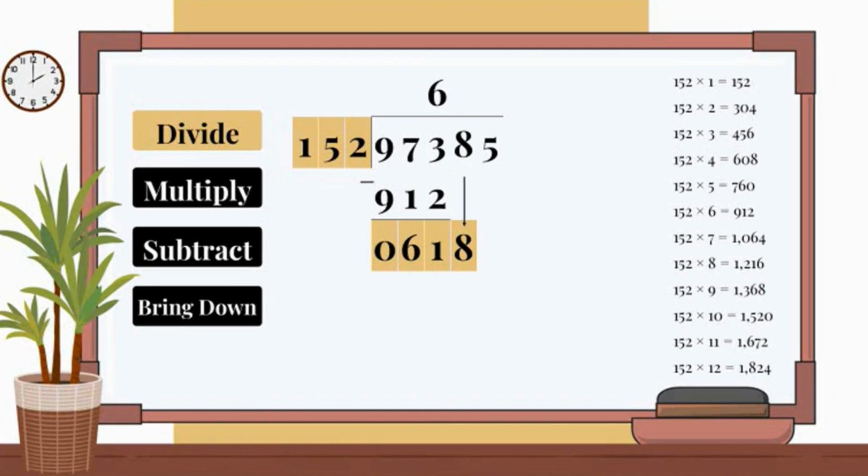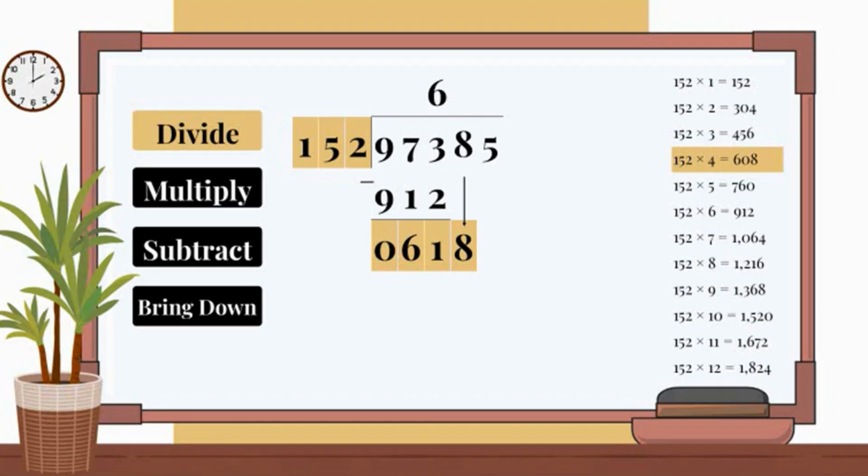By checking our multiplication table, we can see that the closest multiple to 618 without going over is 608. Because 152 times 4 equals 608, we know that 618 divided by 152 will give us 4.